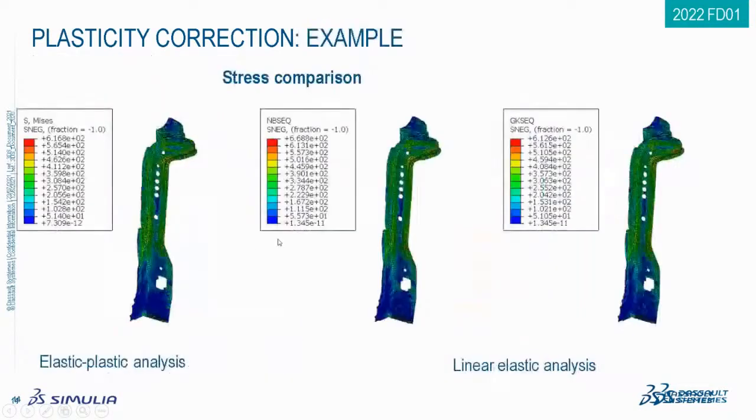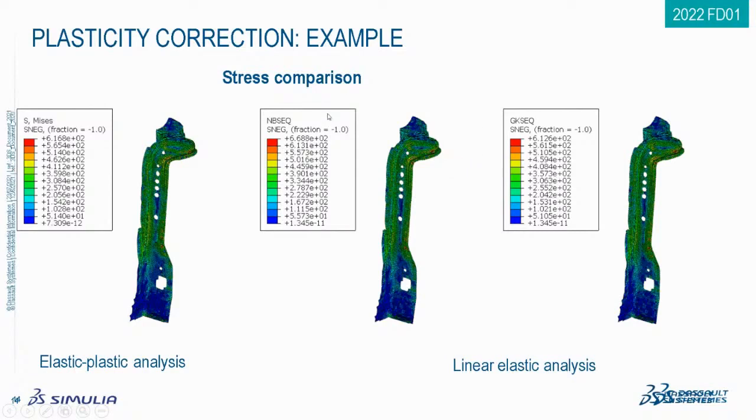And there's an example here looking at a component from an automotive chassis. On the left side, we have the solution looking at the Mises stress from a fully elastic-plastic analysis. And then we look at the results from a linear elastic analysis. Here we're contouring the new output variables that are computed as a post-processing exercise again to predict what the Mises stress would be.